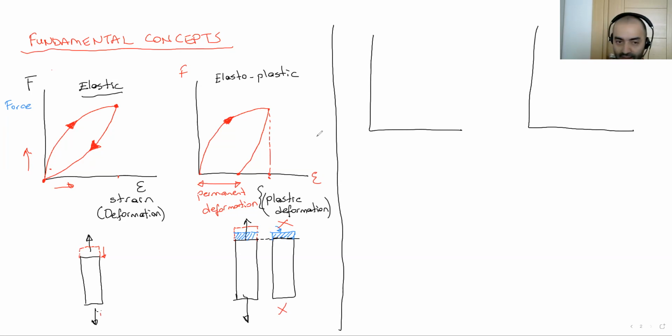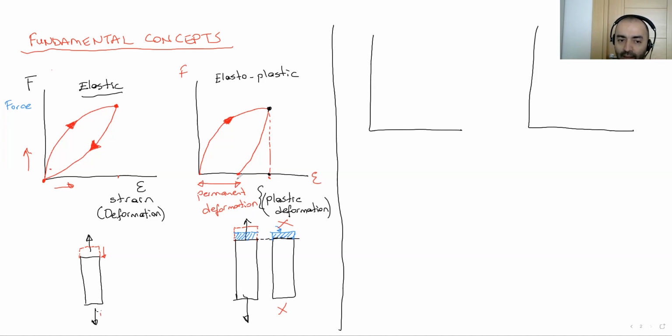We call this elasto because we were at this point and at this deformation level. When we remove all the loading, our deformation reduced. This means elasto, okay, we went back a little bit, not to the 0 initial position.